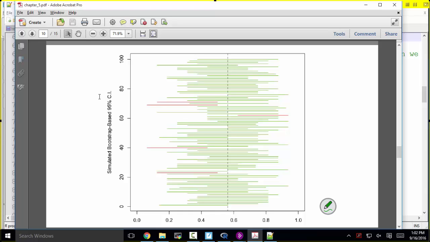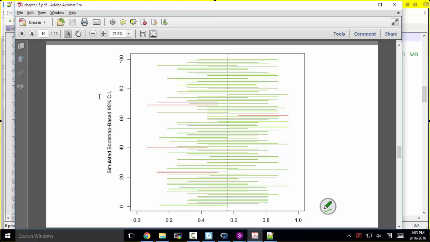In particular, do you mean that the probability that p is inside that interval, the probability that p is between 0.4 and 0.85, is equal to 0.95? And the answer to that is no, because now that we've computed the interval, there is no probability anymore. P is a fixed number. We don't know what it is, but it's a fixed number. And we now have an interval defined by two fixed numbers.